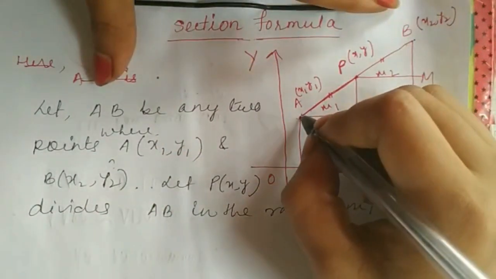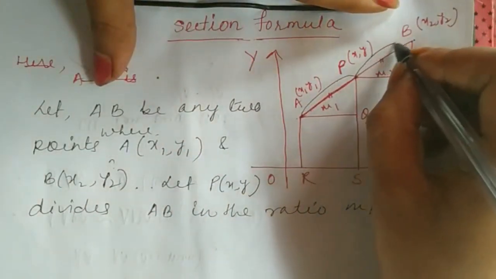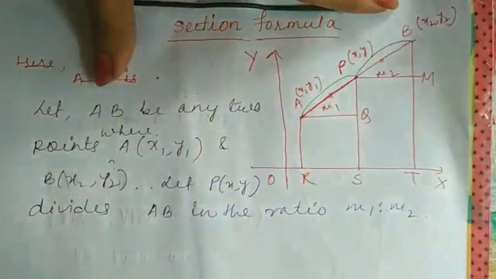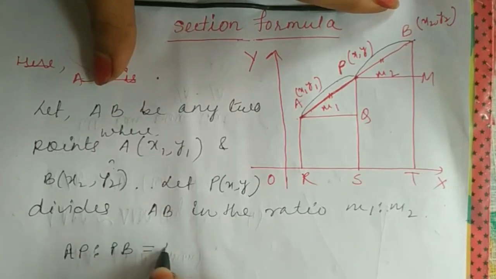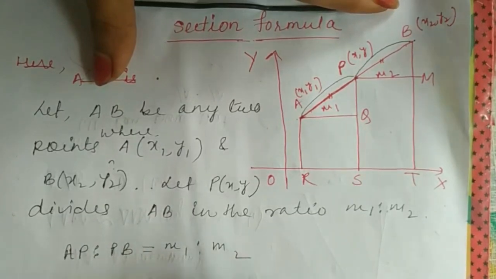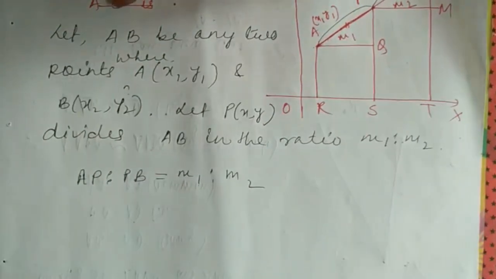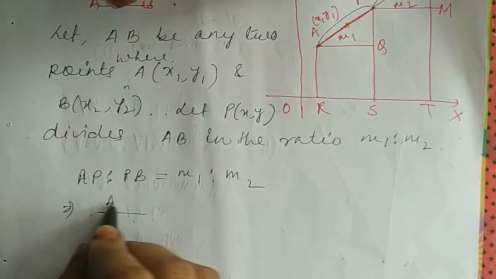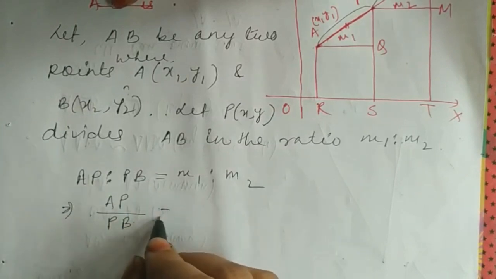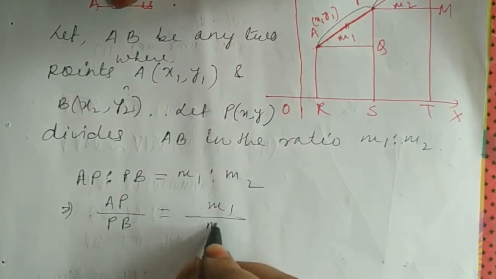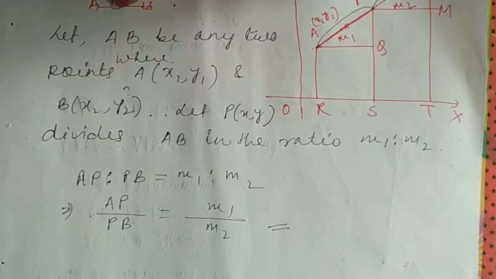That means AP is to PB equals M1 is to M2. So we can write AP by PB equal to M1 by M2.